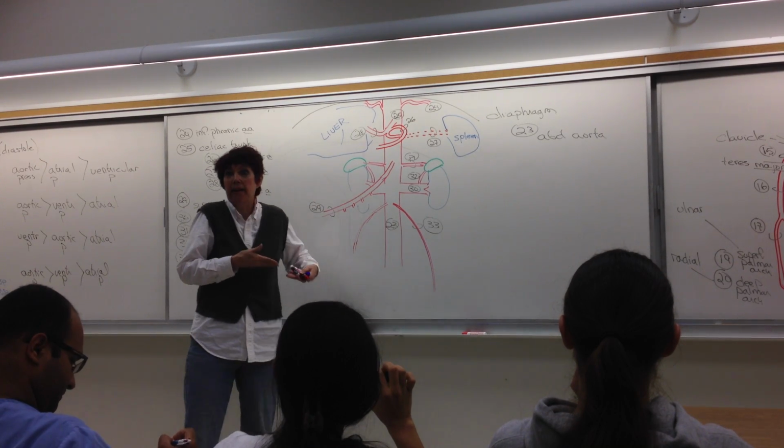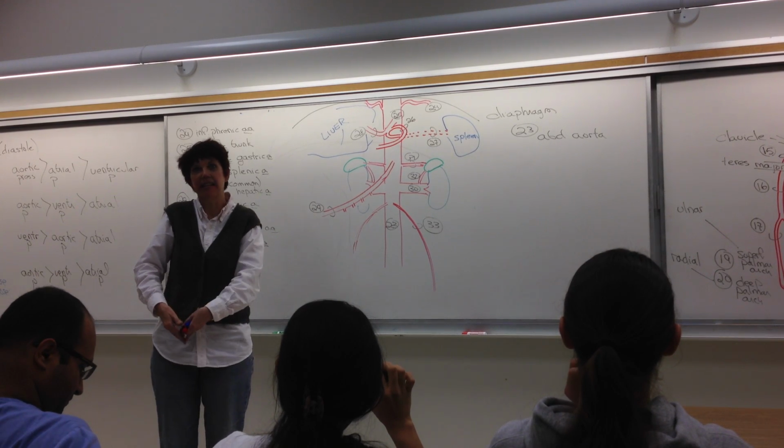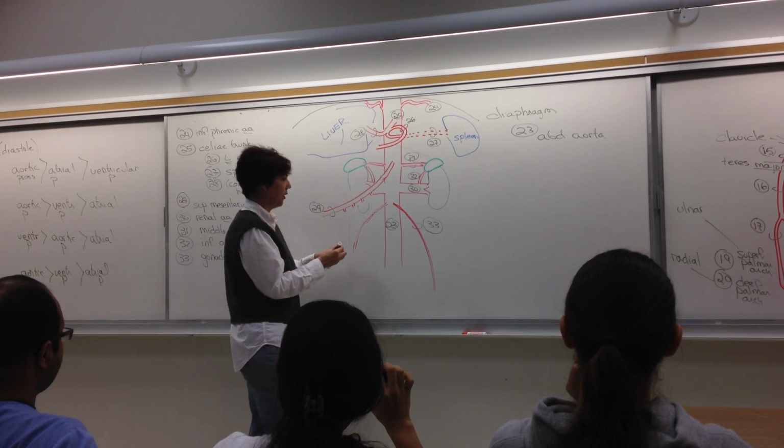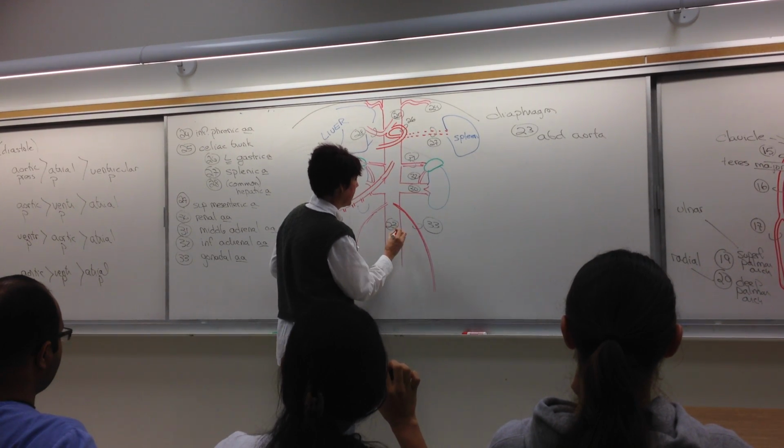Then we still have the descending colon to supply, and the sigmoid colon, the last third of our large intestine. That's on the left side of the body.